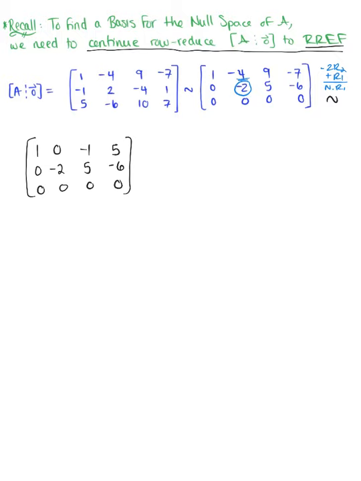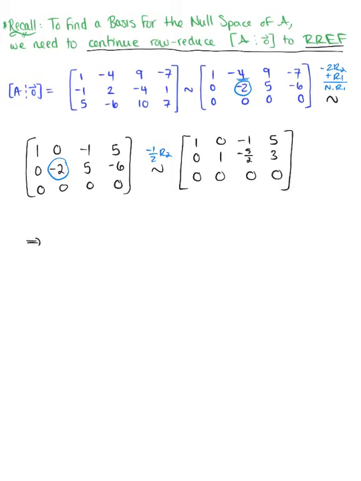So now we just need to simplify our second pivot, and we'll do that by scaling the second row by a scalar of negative 1/2. And we're left now with the equivalent matrix 1, 0, negative 1, 5, 0, positive 1, negative 5/2, positive 3, 0, 0, 0, 0.